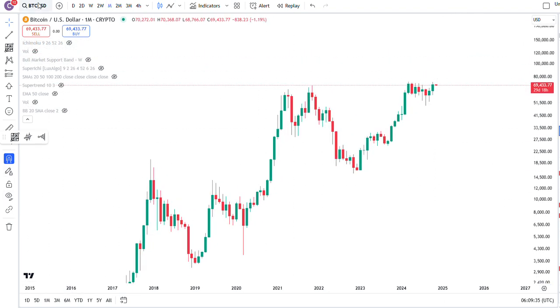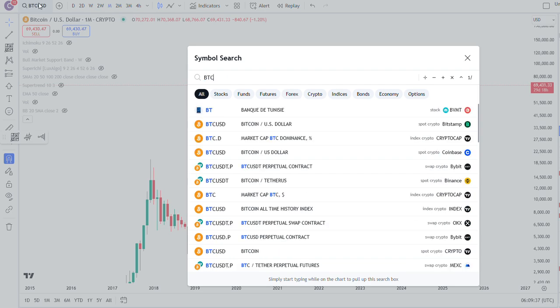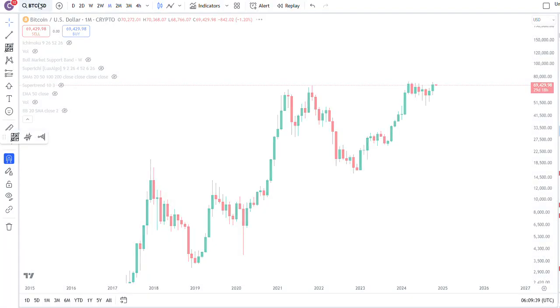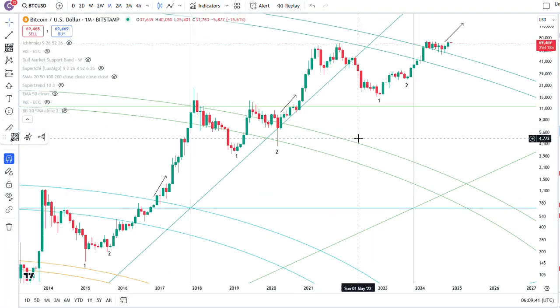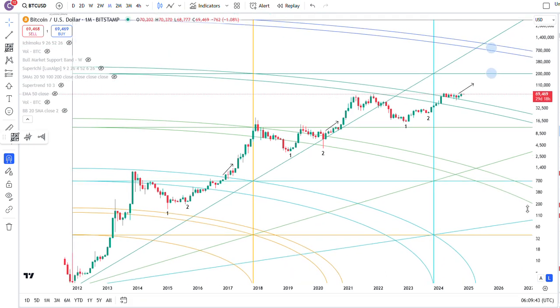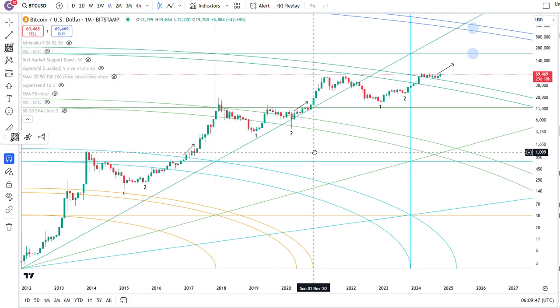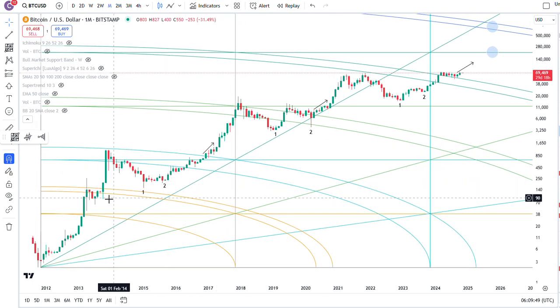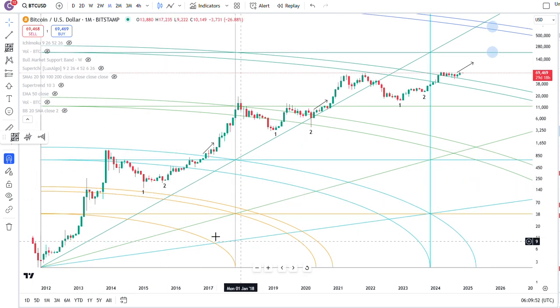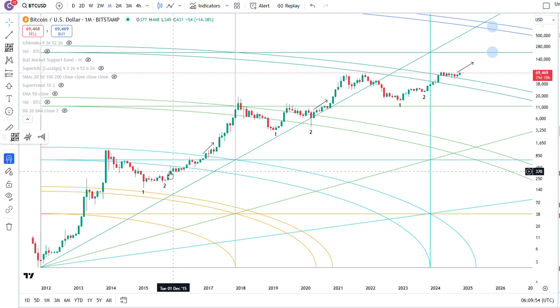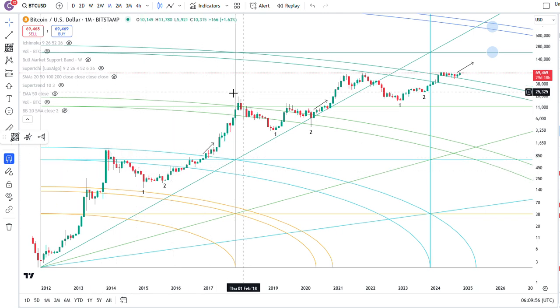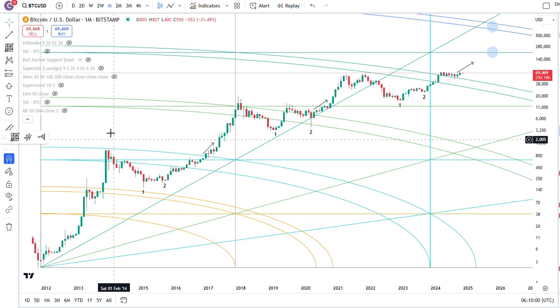Looks like we're going to have some bullish continuation moving forward. And on top of that, I'm going to do the Gann chart here. I'm going to use the Bitstamp chart, since it has a little bit more history. If I draw the Gann here on the monthly, you can see how these arcs have served for each of these cycles as very strong resistance, right? Cycle number 1, you can argue it goes from here 1 to 2, but this whole thing is probably just one cycle.